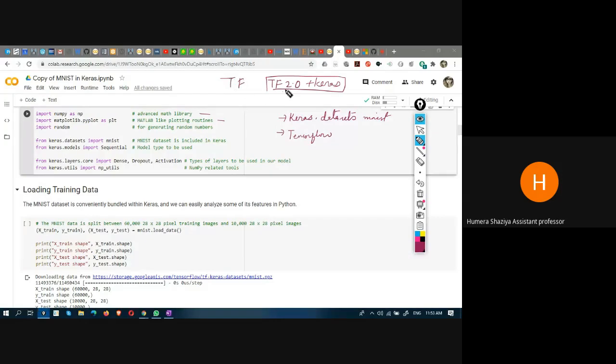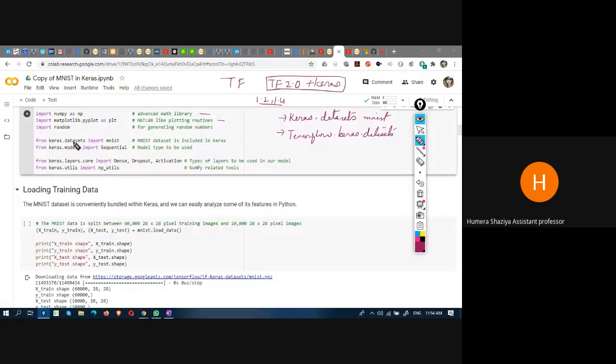Earlier, in prior versions of TensorFlow, 1.2, 1.4 and so on, TensorFlow and Keras were in two separate modules, so you used to import TensorFlow and Keras separately. But after 2.0, it is one and the same. So you can write tensorflow.keras.datasets. There are two ways.